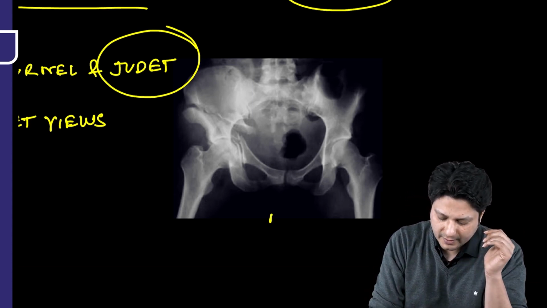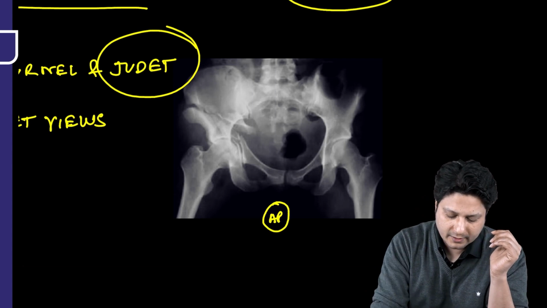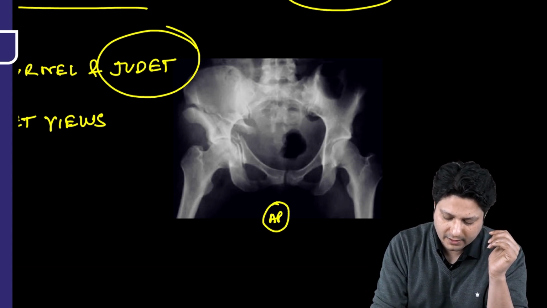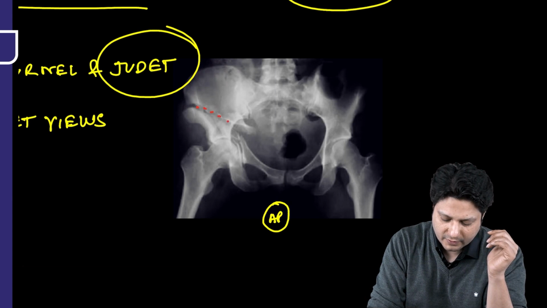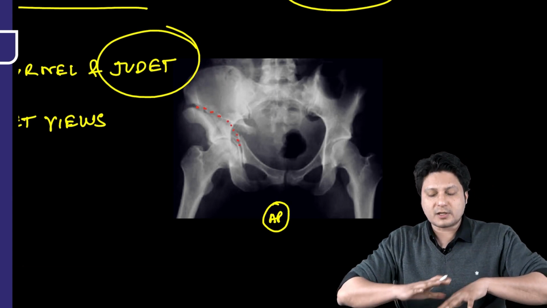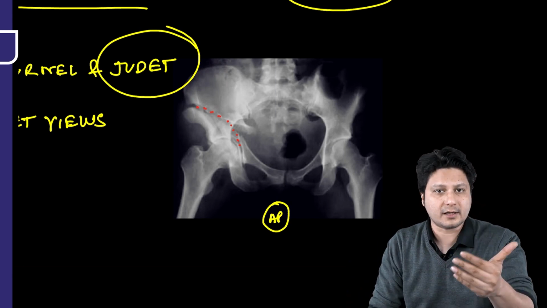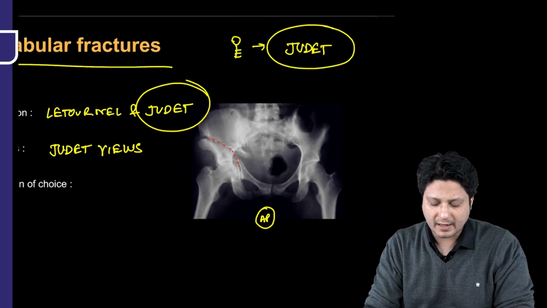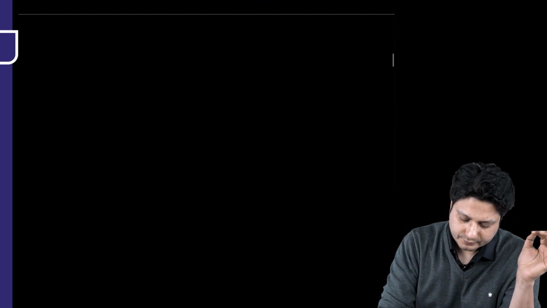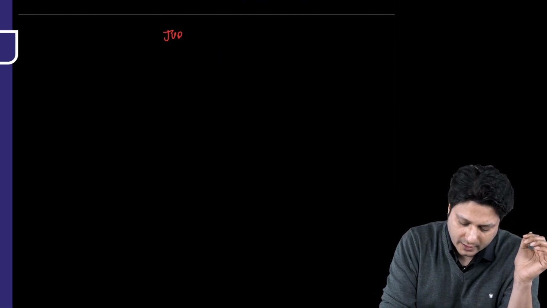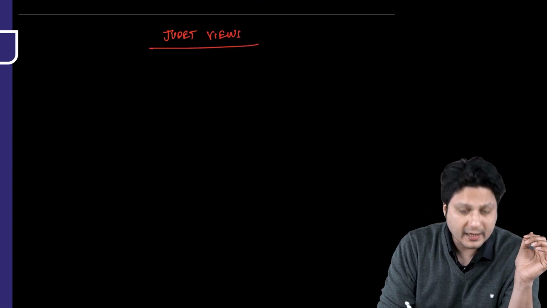So this is simply the anterior-posterior view, and in this anterior-posterior view, as you can very clearly visualize, there is a fracture line visible over here, but we are not very sure where exactly this fracture line is, whether it is anterior or posterior. So for that we have the Judith views. So what actually are the Judith views of the acetabulum?